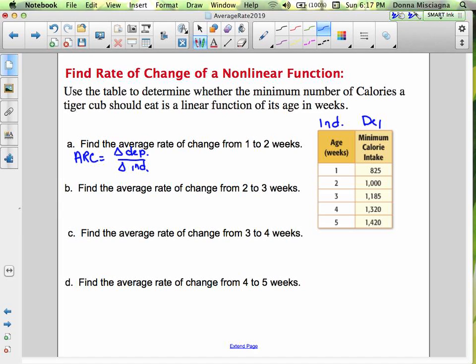The minimum number of calories a tiger cub should eat depends on the age of the tiger cub. So the change in dependent over the change in independent, from 1 to 2 weeks. I'm going to start with the larger point.